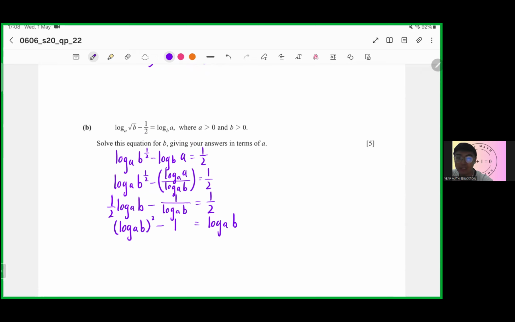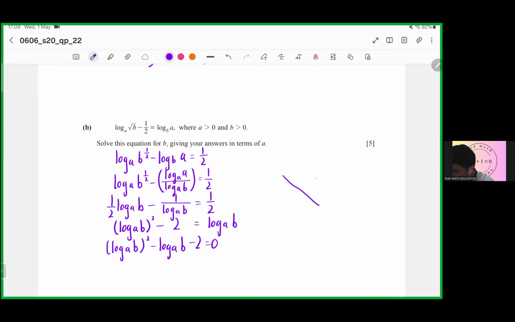And then I don't want to see the 2 at the denominator, so I need to multiply, here I got 2. And then 2(log_a b) squared minus log_a b minus 2 equals 0.